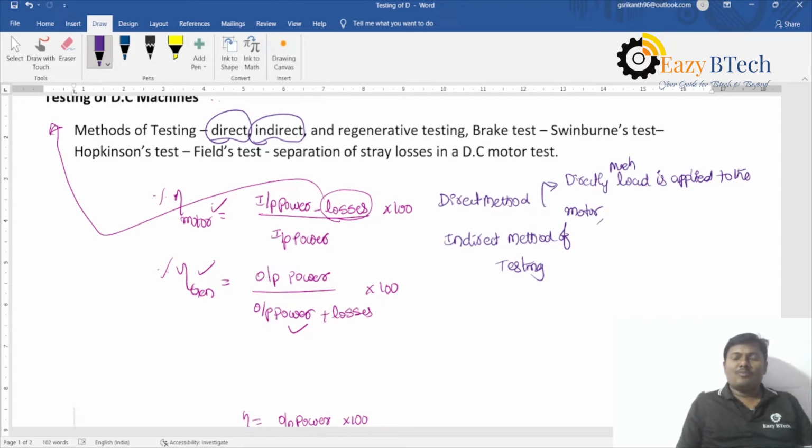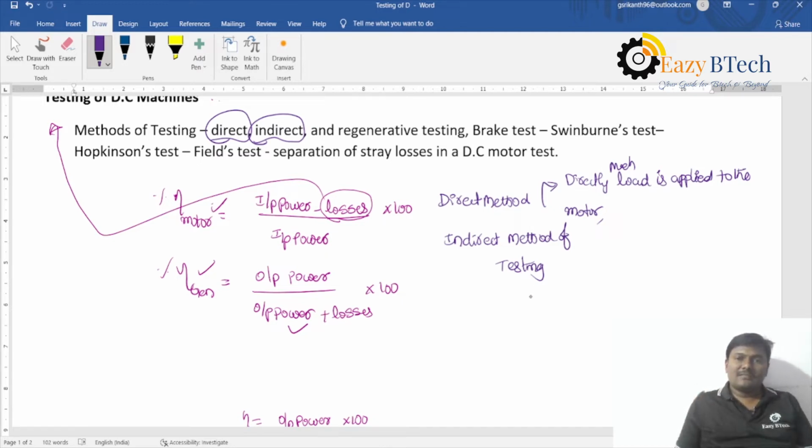The motor has a brake drum connected to its shaft, and we tighten the belt with the help of springs. Then we see the voltage and current values by applying a mechanical load on the DC motor. This is called the direct method.